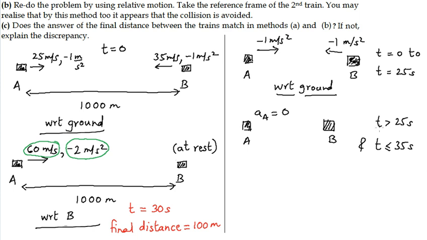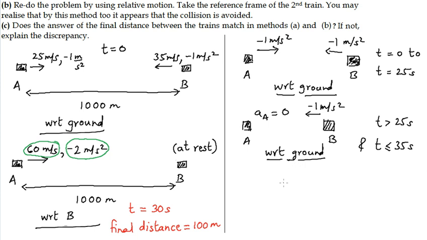Of course, we do know that after t equal to 25 seconds and right up to t equal to 35 seconds, train B is still moving with respect to the ground, and its acceleration during this time interval is still minus 1 meter per second square, with respect to the ground.